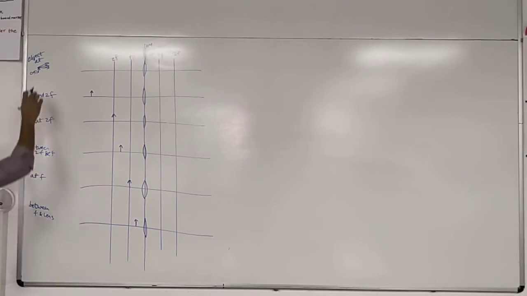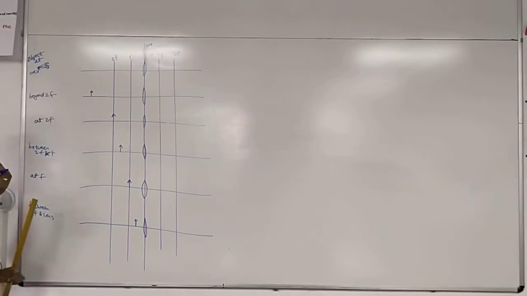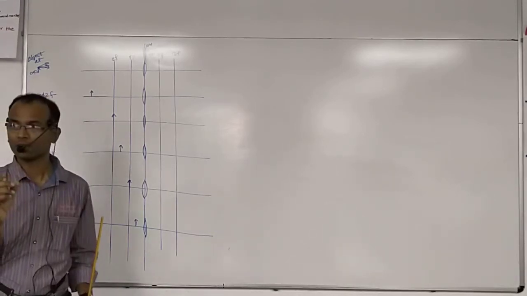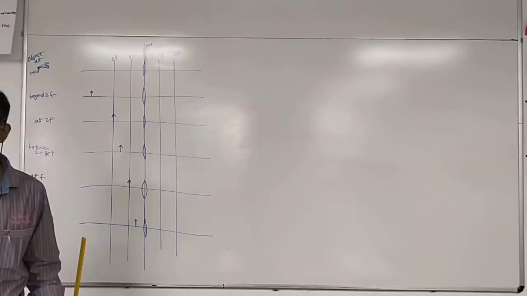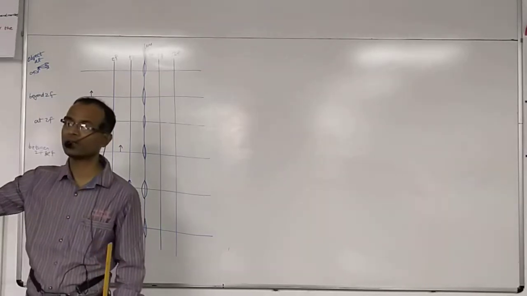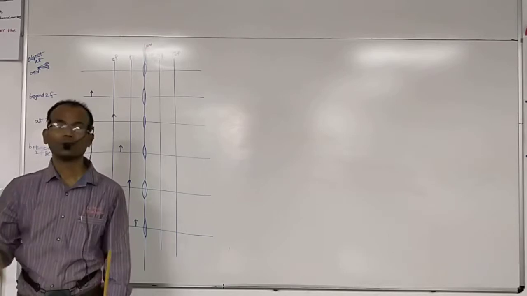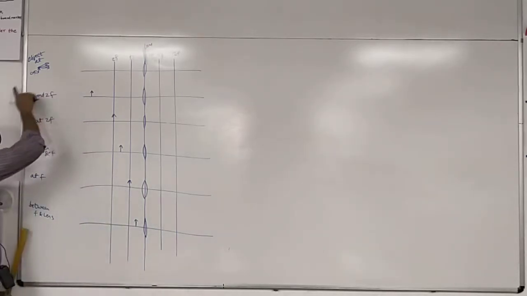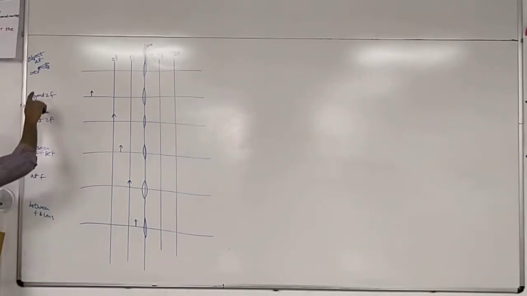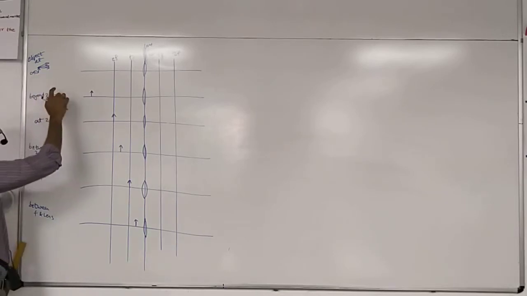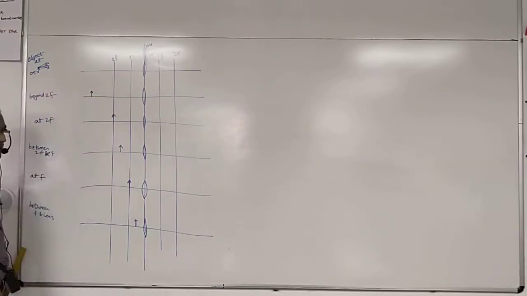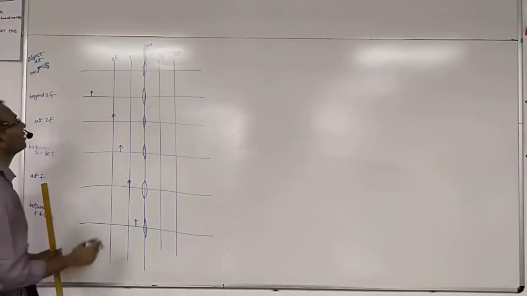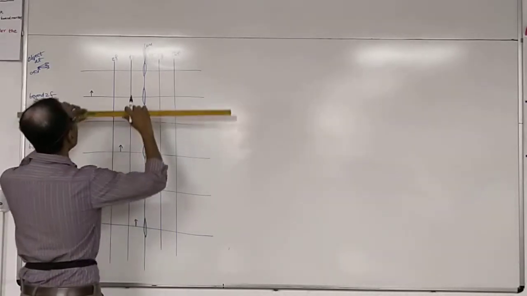It's so far away that it appears like a point object. If this pen is close to your eye, it appears big. If it goes further and further away, it appears like a dot. So if this is also at infinity, it will appear like a dot. By the time the rays come from the top of that object, they will all appear to be parallel to the principal axis.